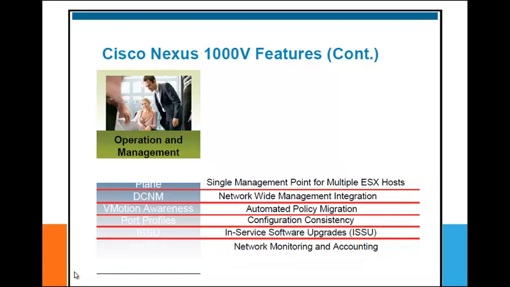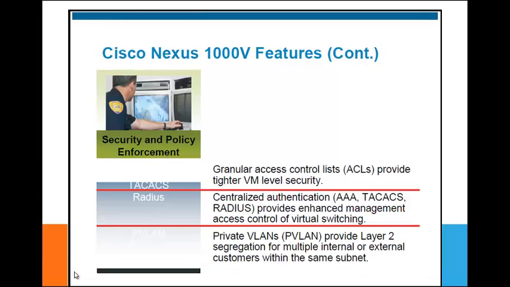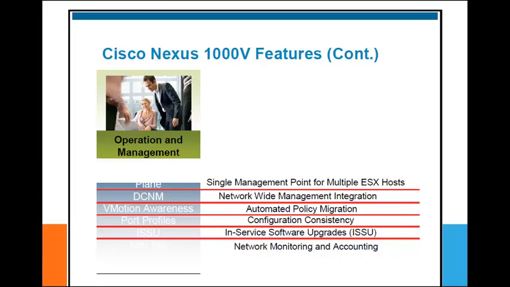Next point is the operation and management. Now we can have multiple ESXi with a single management point, meaning with one VMware vCenter client software I can control multiple ESXi.